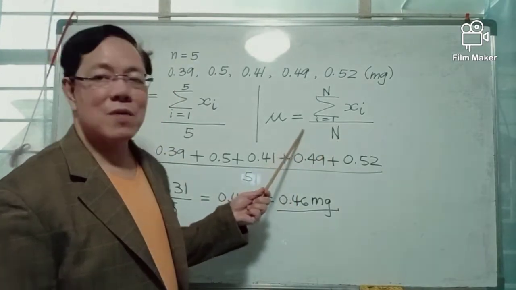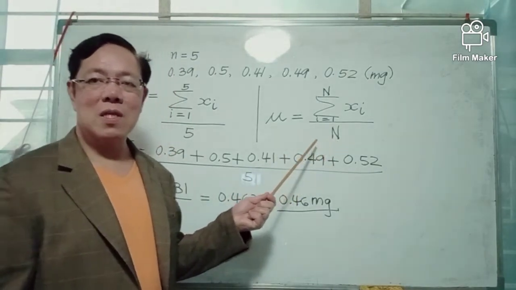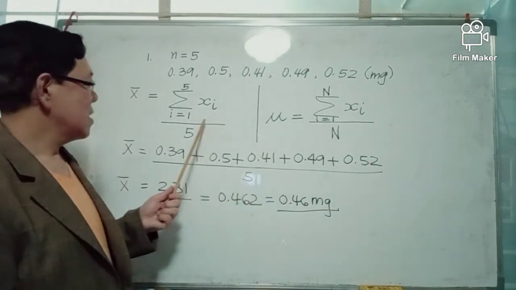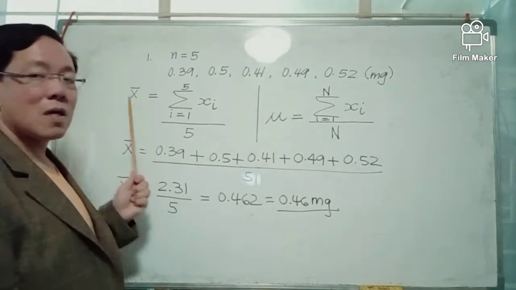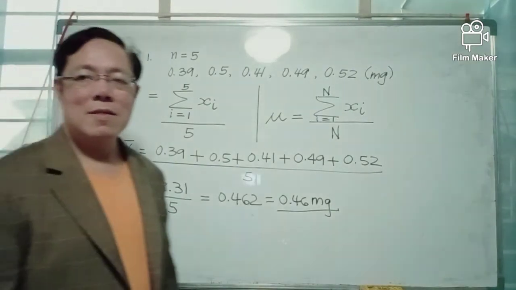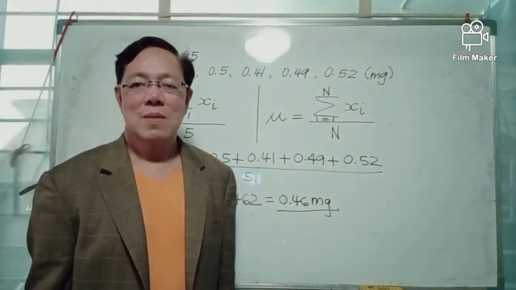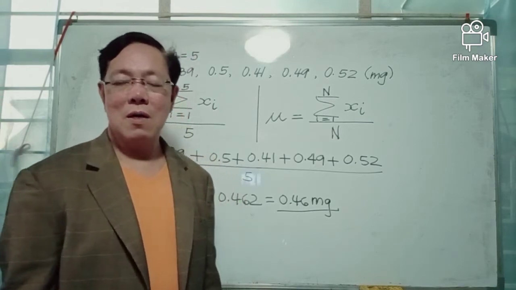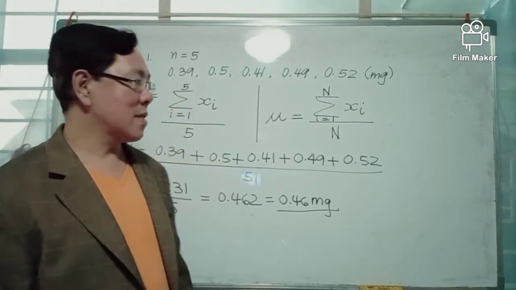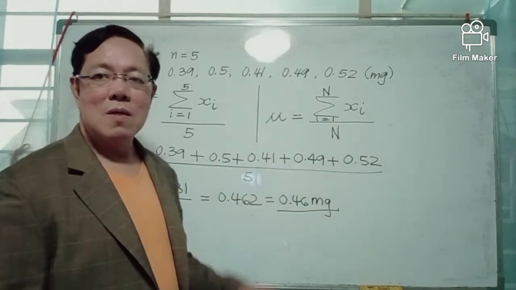You can see that the formula for computing the population mean is essentially the same as the formula for computing the sample mean, denoted by x bar. But it is important that you use the correct or appropriate notation for mean.